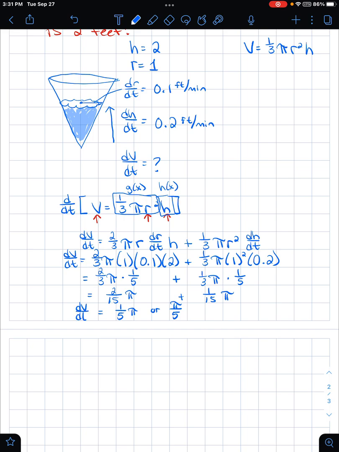That's the rate at which the volume is changing. So what are the units for this? The units in this case, since we're talking about volume, are feet cubed per minute. That's the rate at which the volume is changing at this instance, at this moment in time. Okay, the next video is going to use some slightly more advanced techniques, so I'll see you there.